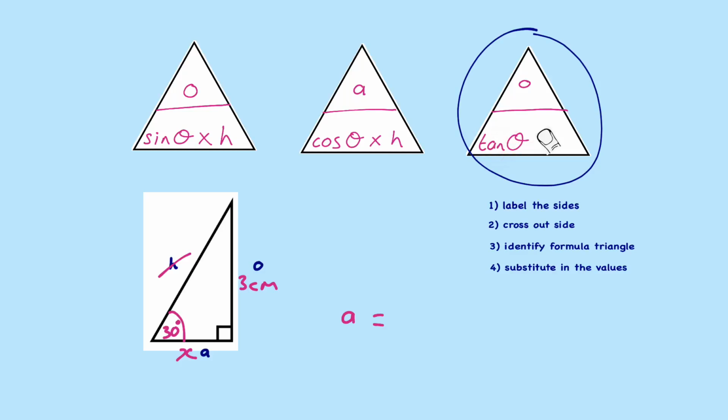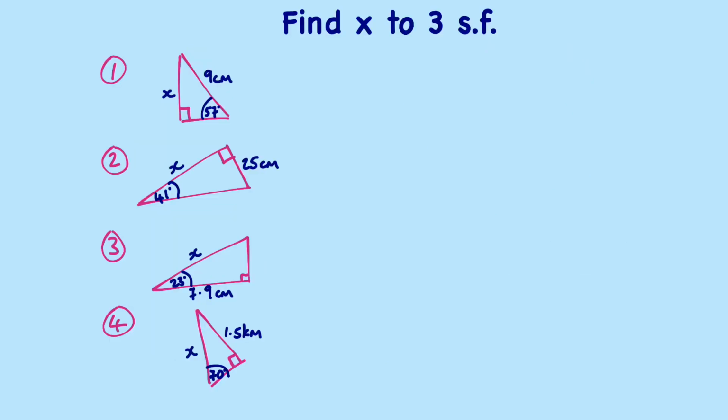So A equals O, which is 3 centimeters, divided by tan theta, so tan of the angle, which is 30. We type that into our calculator. 3 divided by tan 30, that gives us an answer of 5.20 centimeters.